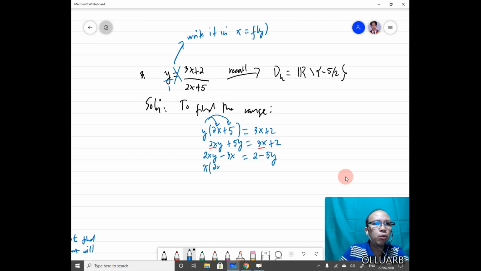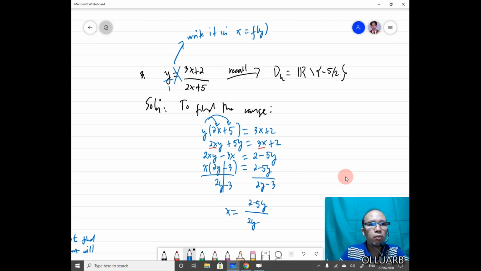So we have 2y minus 3, 2 minus 5y, and then divide both sides by 2y minus 3.